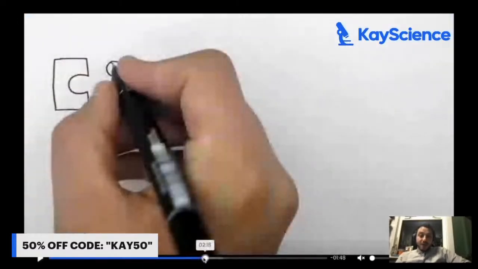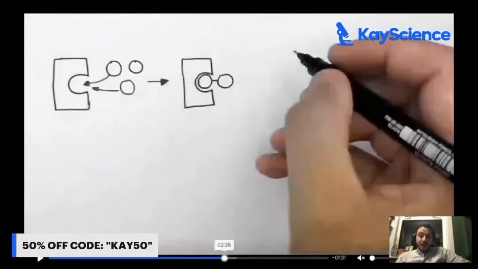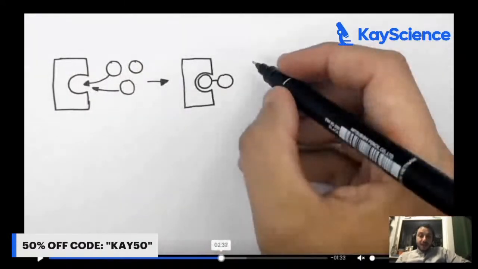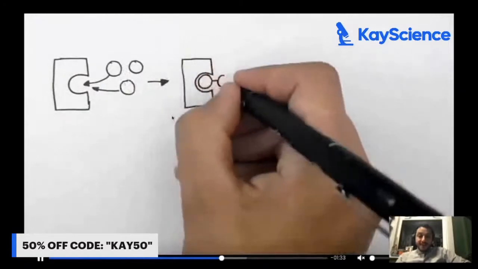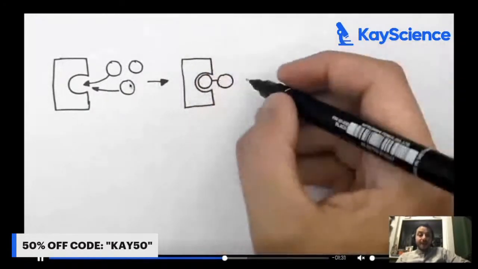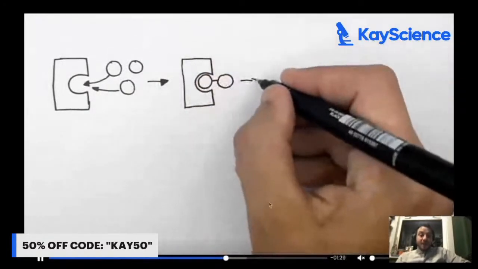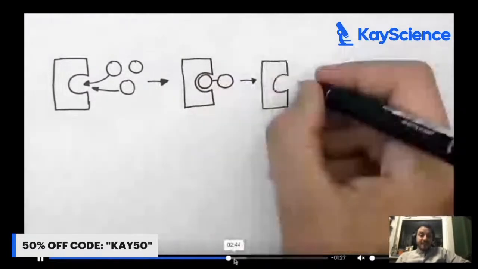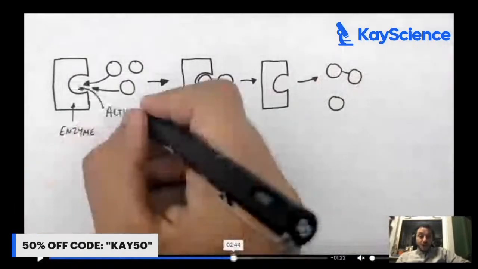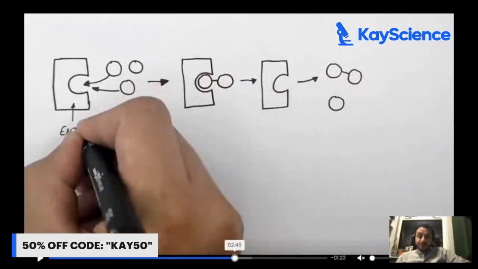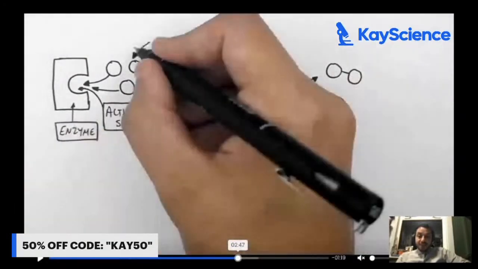What we're now going to do is look at substrate molecules. These are substrate molecules binding the active site, and they are now being put together to form a larger product. So this is now what enzymes can also do. They can also form larger products. This here is the enzyme. This is the active site.